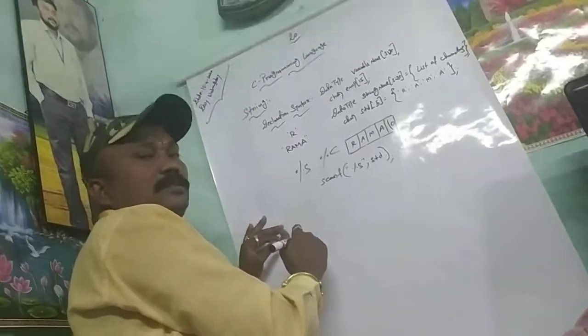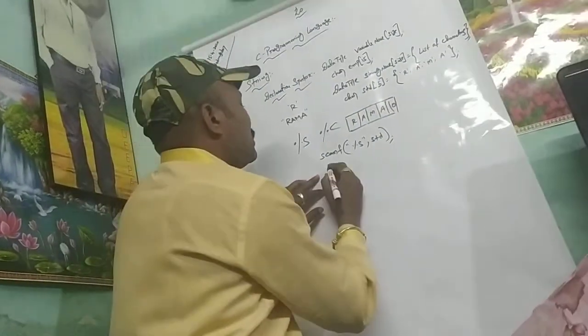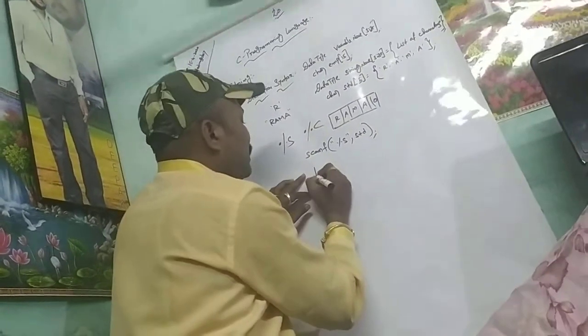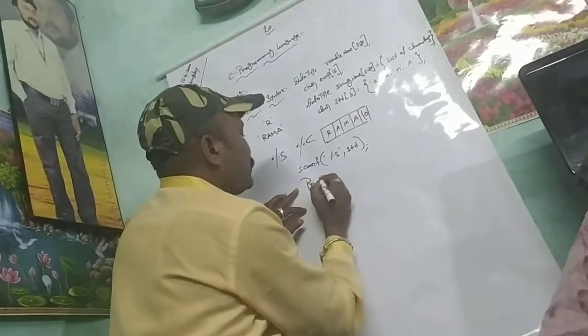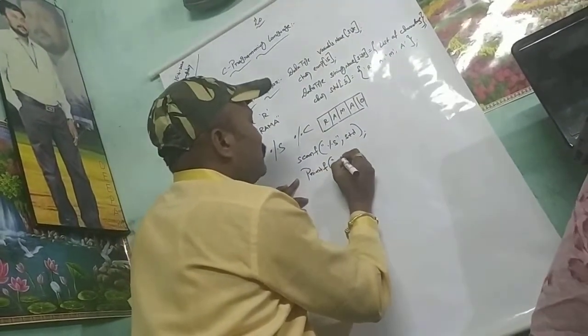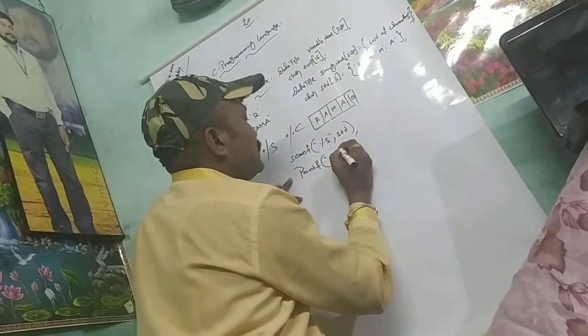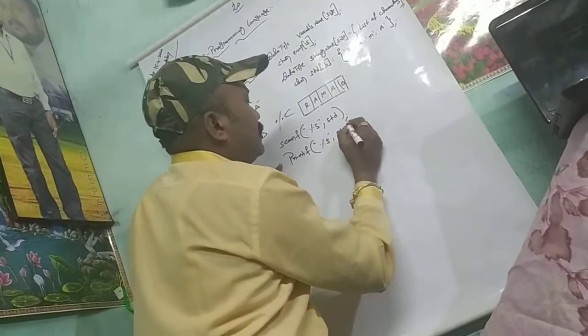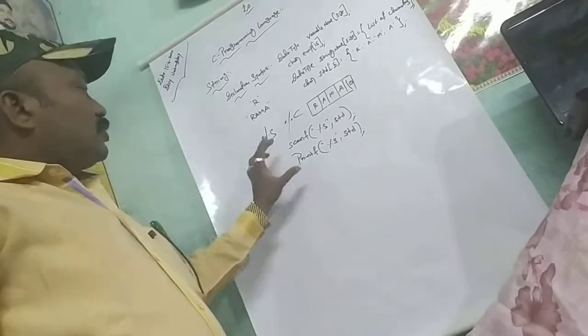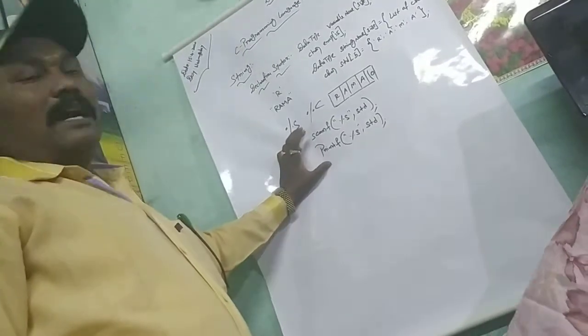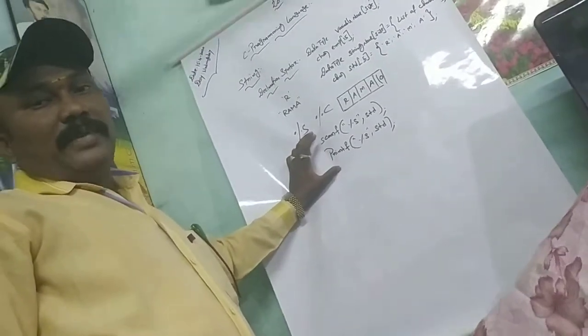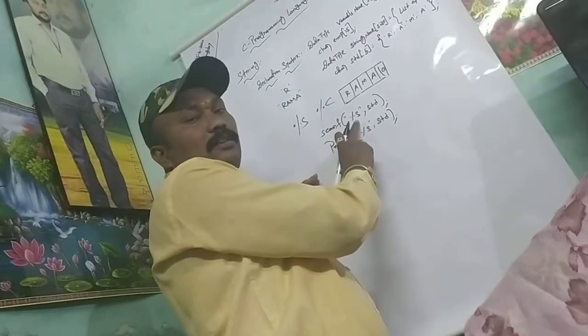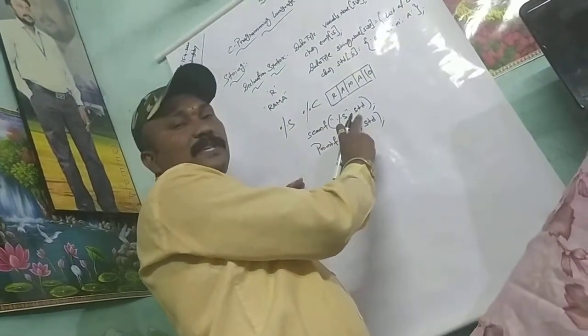Similarly, printf also: printf, percentage s, then std. In this manner, read the string and display the string. My dear students, whenever we are using percentage s, don't specify the ampersand symbol.